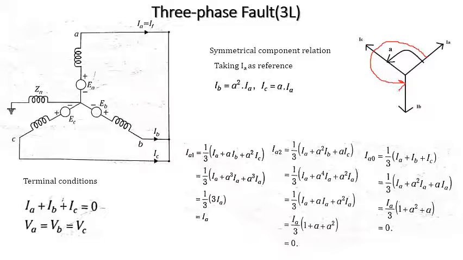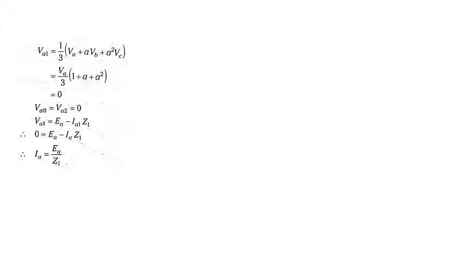Call this equation 9. From equation 9, because of the presence of IA1, we need to calculate VA1. VA1 is equal to 1 by 3 times VA plus A into VB plus A square into VC.